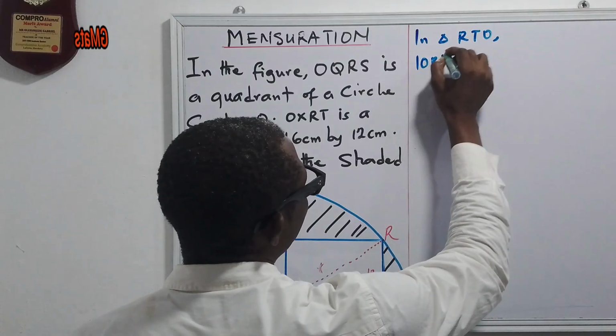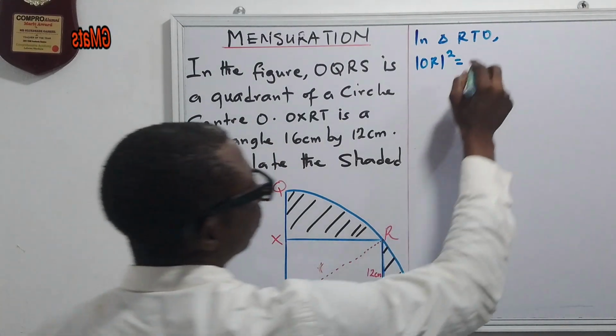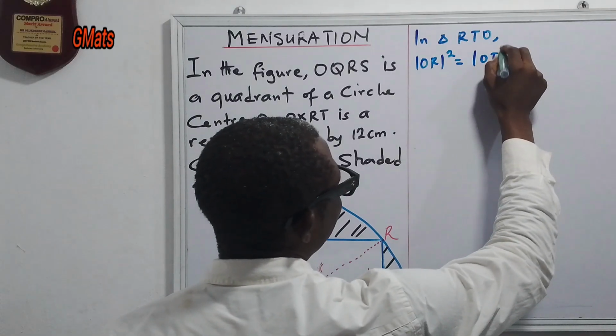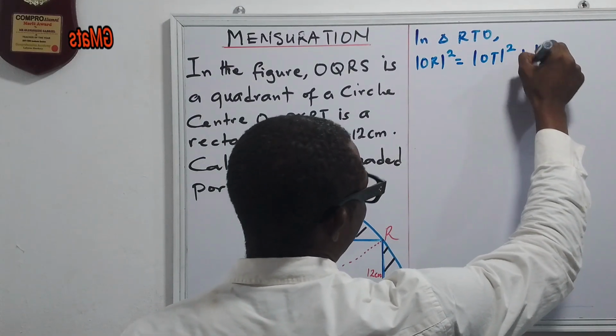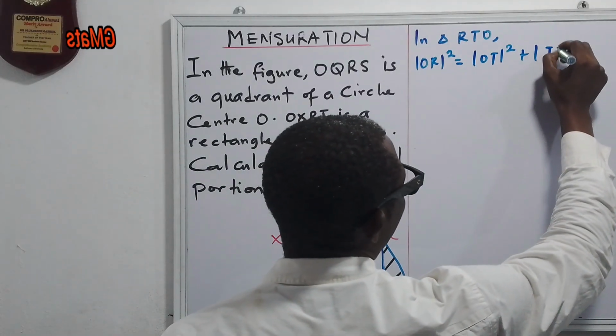OR square equals OT square plus TR square.